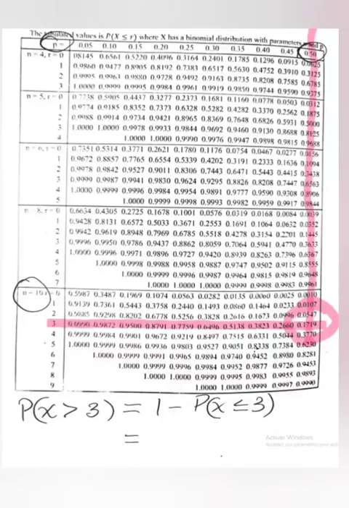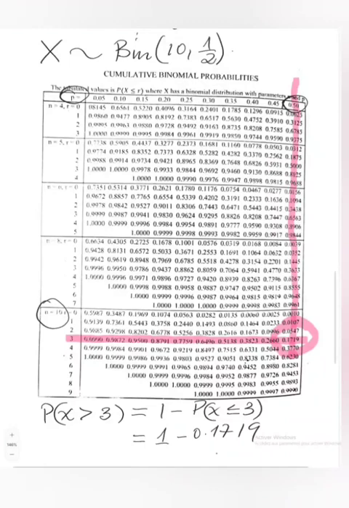So I would now say 1 minus 0.1719, which gives 0.8281.